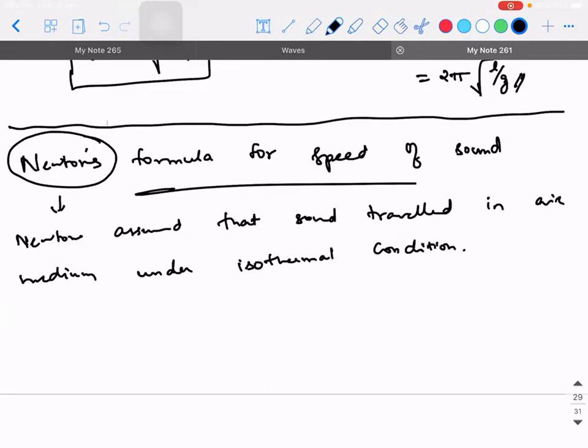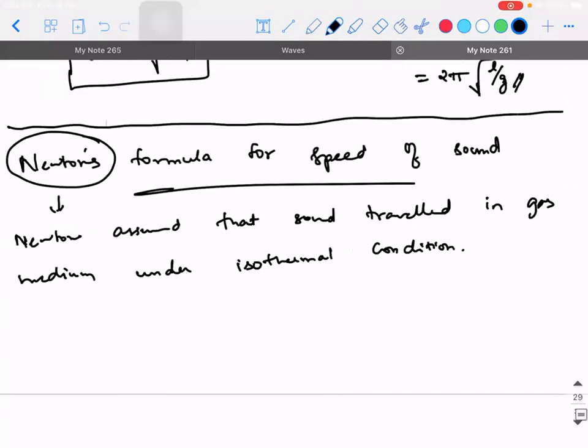So that is what he took into consideration. He proposed that sound traveled in air, or let's not generalize it to air, in a gas medium under isothermal condition.